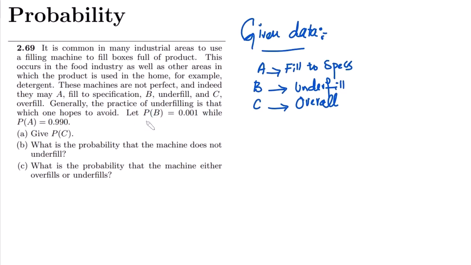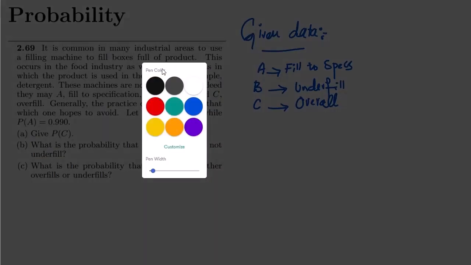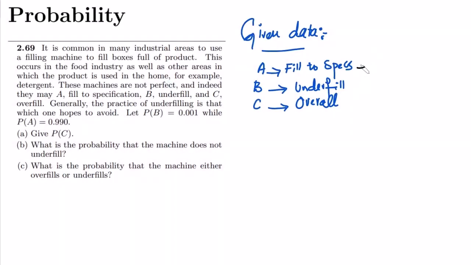So let P(B), the probability of the underfill, be 0.001, while the probability of fill to specs is 0.990. Let me write it with the help of this black color. So the probability of A, fill to specs, is 0.990, which means it's a very good system because the probability of fill to specs is higher, while the probability of the underfill, P(B), is 0.001.